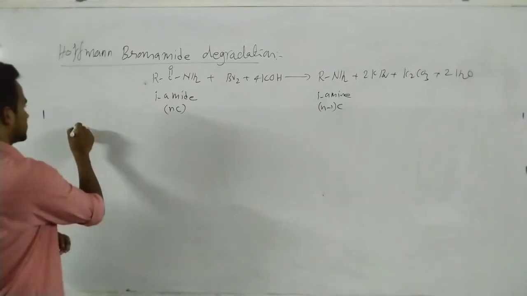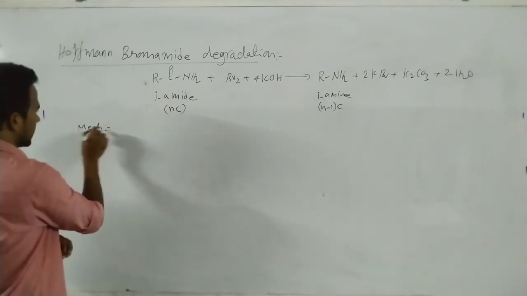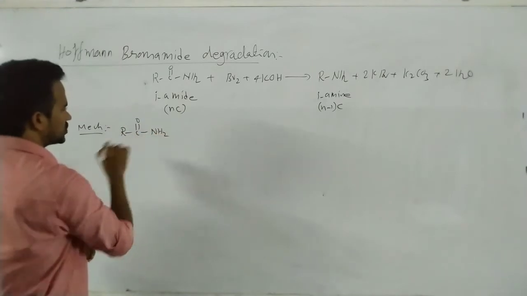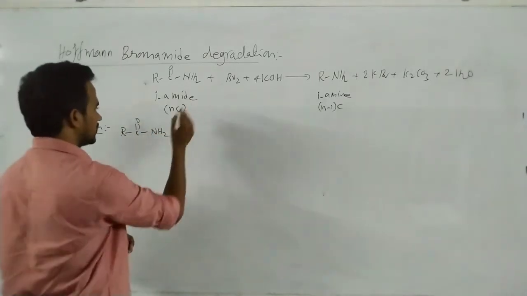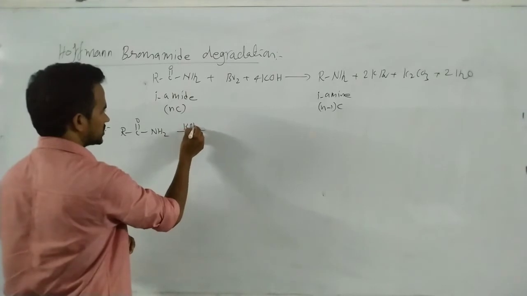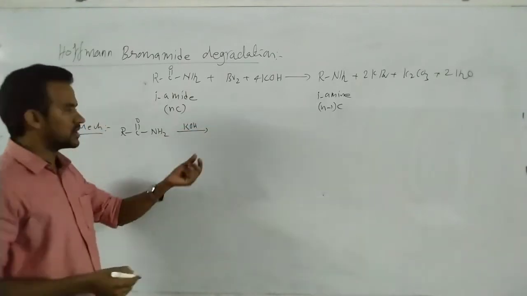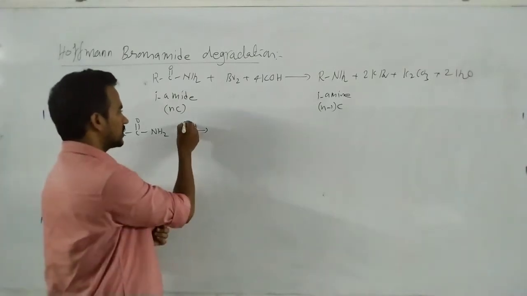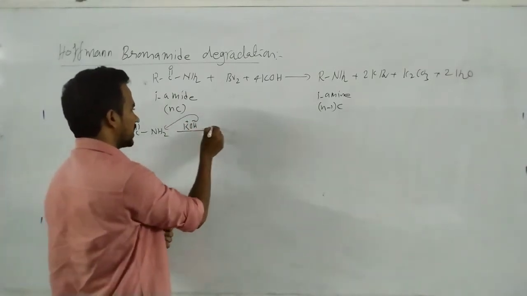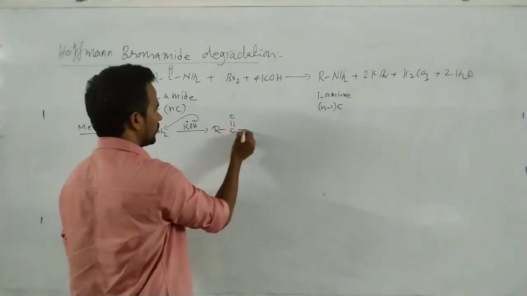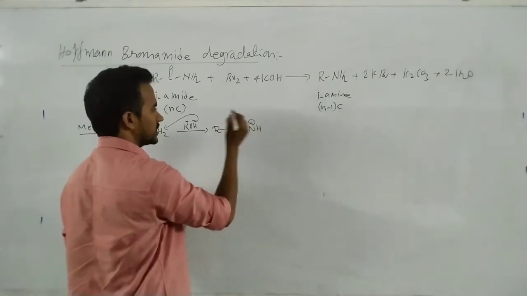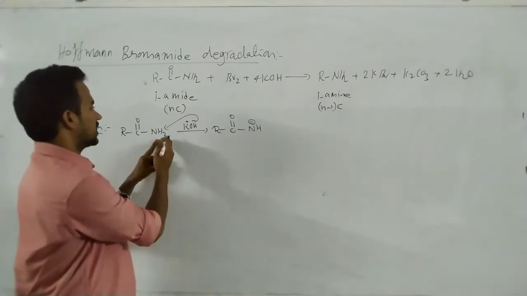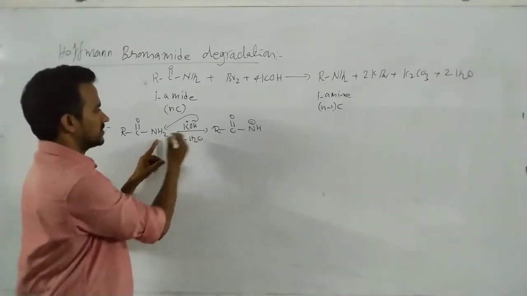Let us discuss the mechanism of this reaction. Here we have RC double bond O NH2. First, on treating with KOH, the KOH is a base that requires a proton. Here the hydrogen is acidic in nature, so OH minus removes the hydrogen, giving RC double bond O NH minus, with loss of H2O.